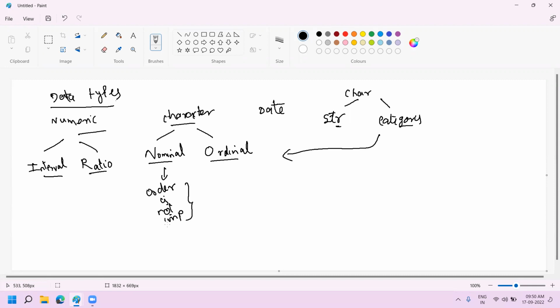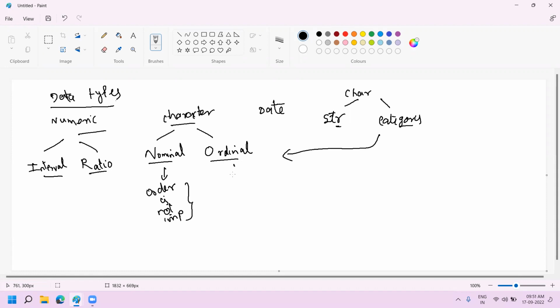For example, if you're filling up a form and you have to fill in your current city, and there are 20 cities listed, it need not be in alphabetical order, it can be random. Does the order matter here? You have to select your current city. It need not be sorted. Your job is to pick your city and proceed. So here order need not play any significant role. That is called nominal data. Nominal is name. So name is significant, not the order.